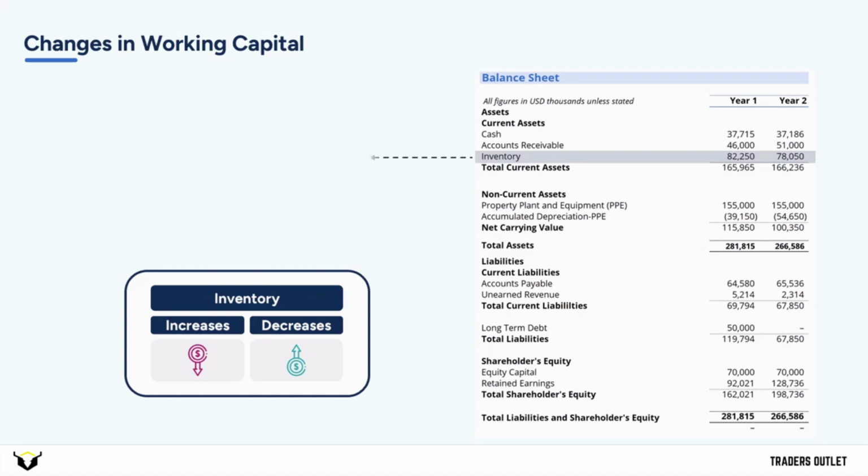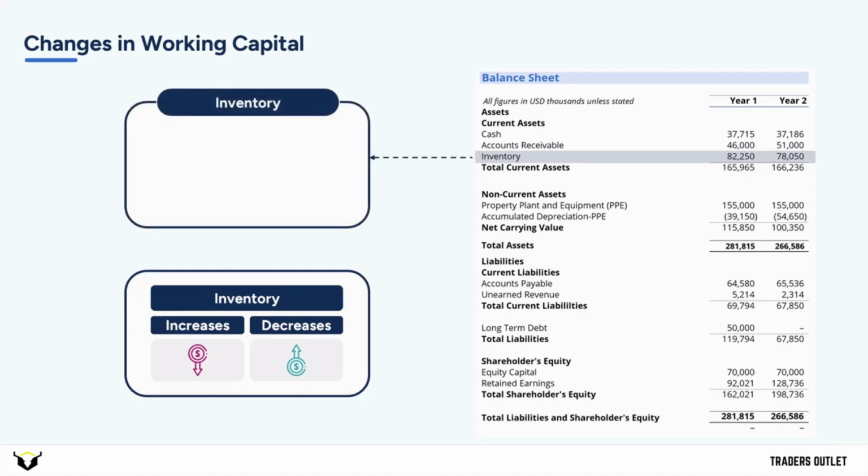Now, inventory is very similar to accounts receivable. They're both current assets. So when inventory goes up, cash is going down, so we're going to express that as a negative number. And when inventory goes down, cash goes up, and we represent that with a positive number.